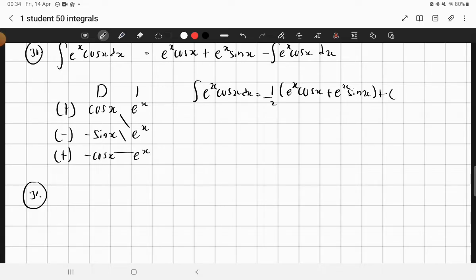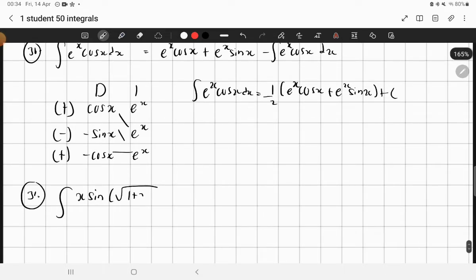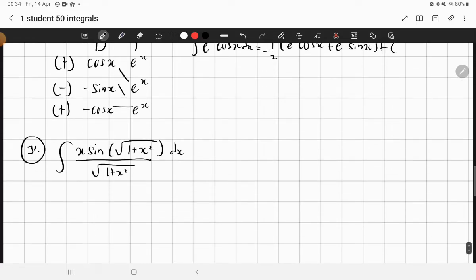Alright, so the next one is that they give us a really nice integral, which is the integral of x times sine of the square root of 1 plus x squared, divided by the square root of 1 plus x squared. Alright, this is nice. Use substitution and that should be enough.